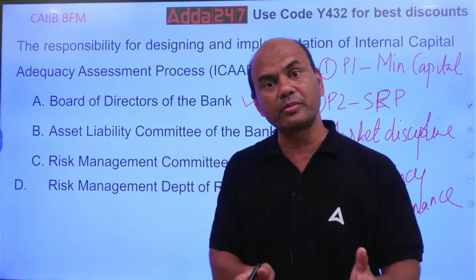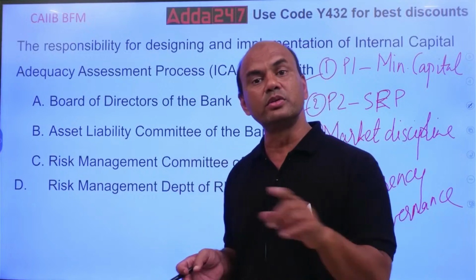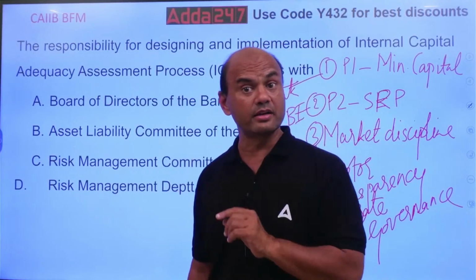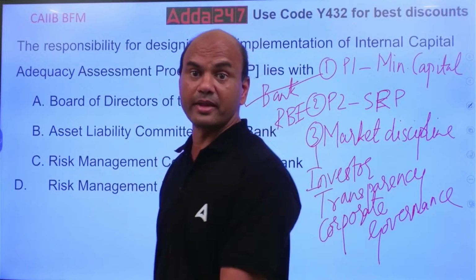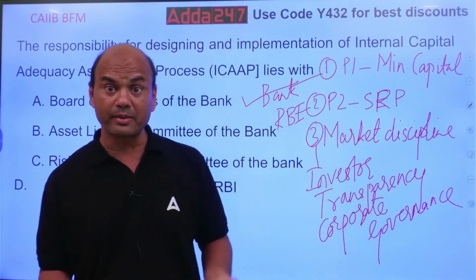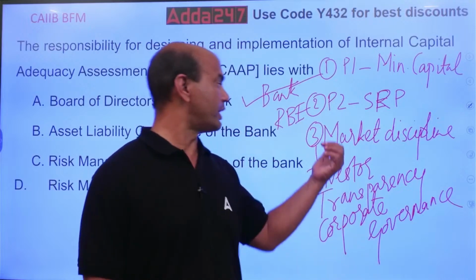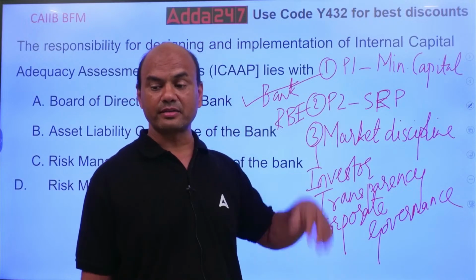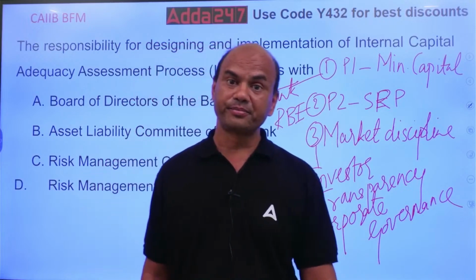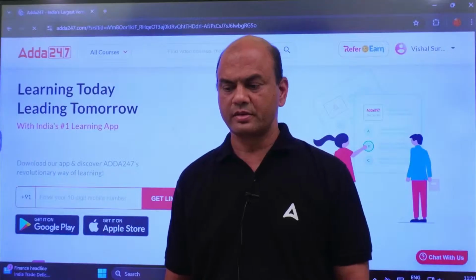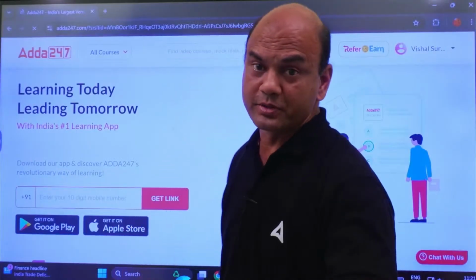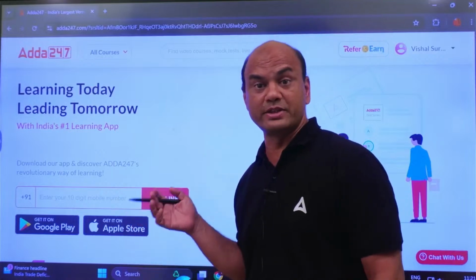This is your documentation. You have these loopholes. Kindly get it corrected, else you will face a problem someday. That's what RBI tells you, and that is the role of RBI under this second pillar, SREP. Got it? Clear?